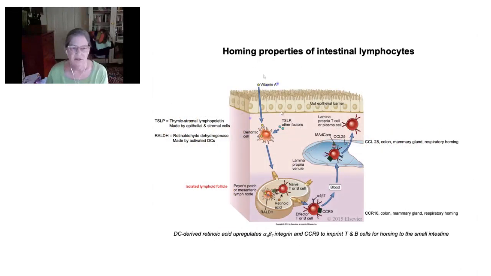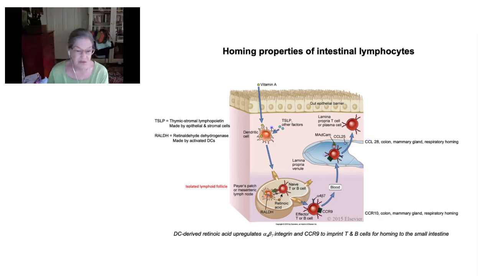And this is just if somebody wants to, I don't really want to go through all this, but the point is vitamin A can help get dendritic cells to understand that they're supposed to be priming T cells or B cells to come back to the epithelium through these chemokine receptors.